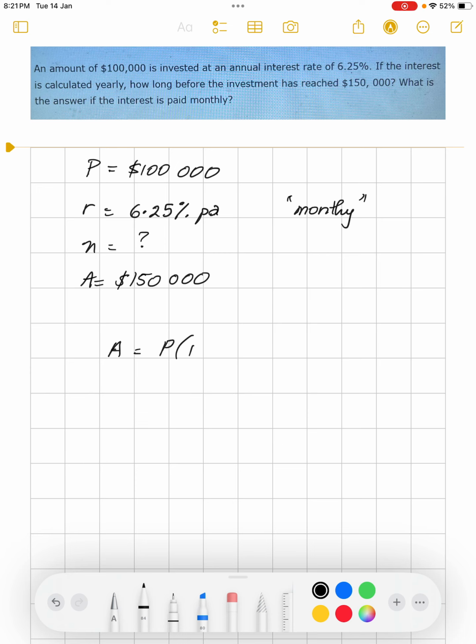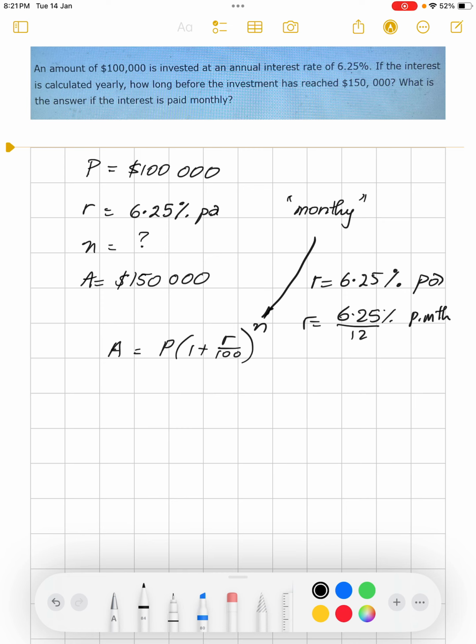A is P, 1 plus R over 100 to the power of N. Now, because N we're dealing with is monthly, we need a rate. Instead of 6.25% per annum, we want 6.25% divided by 12 per month.